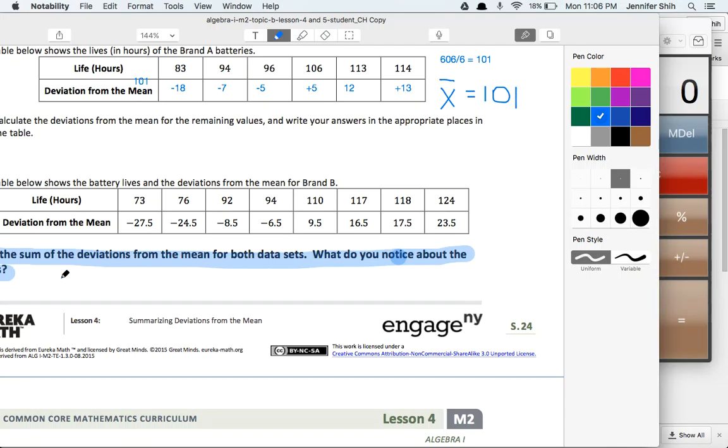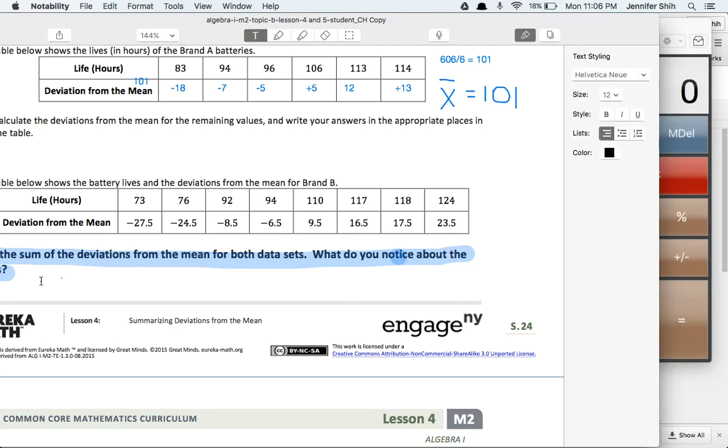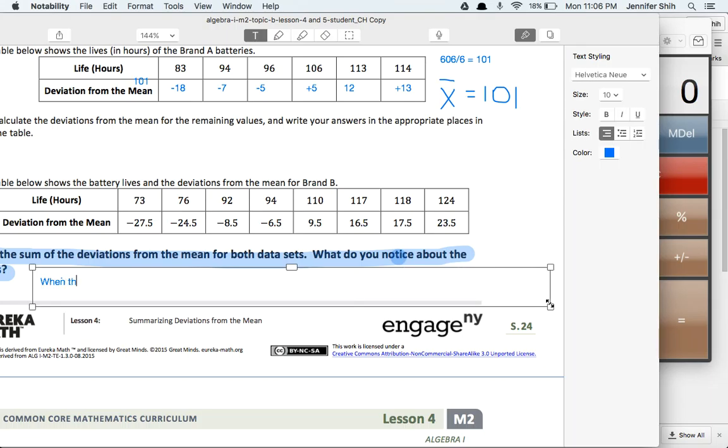Well, when the deviations are added, they sum to 0. This means the mean is the center anchor or the balance that is the average for all the data points.